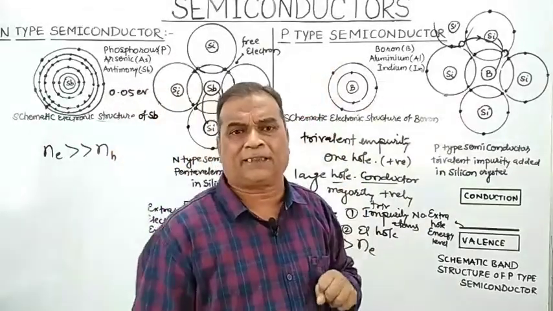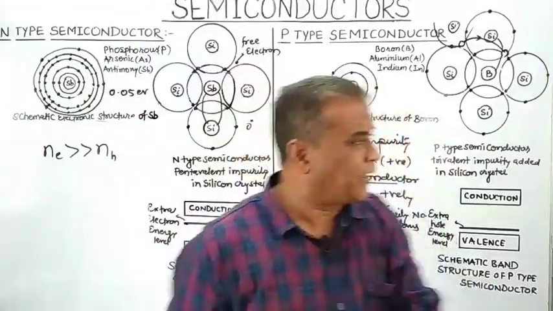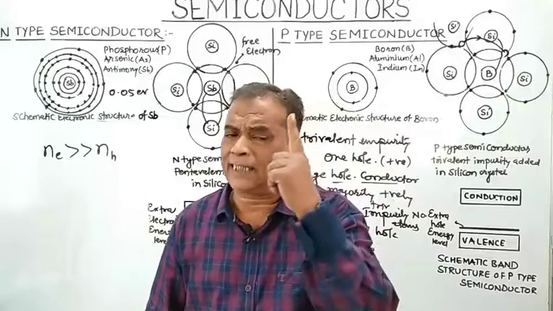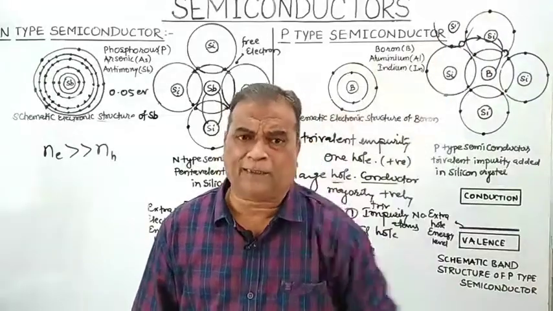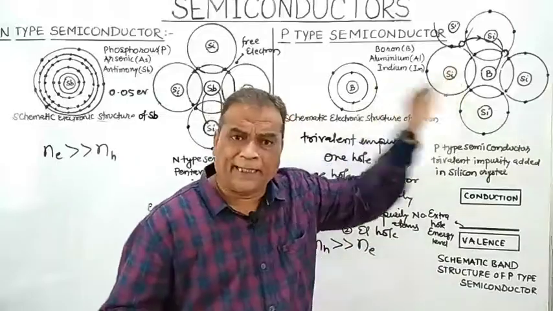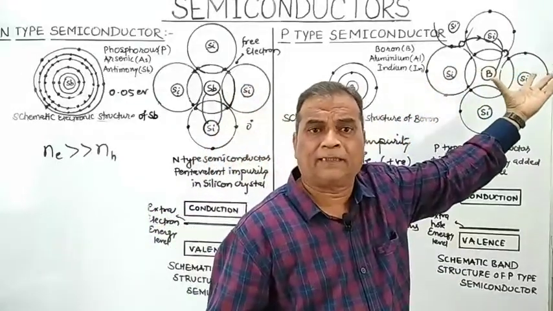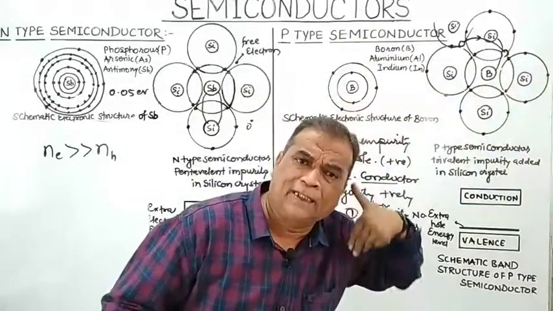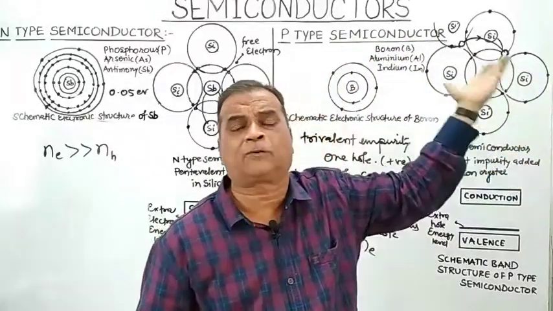The minority charge carriers. Remember the next point: the trivalent impurity creates a hole, which accepts an electron. Because it leaves a hole, this trivalent impurity becomes what?